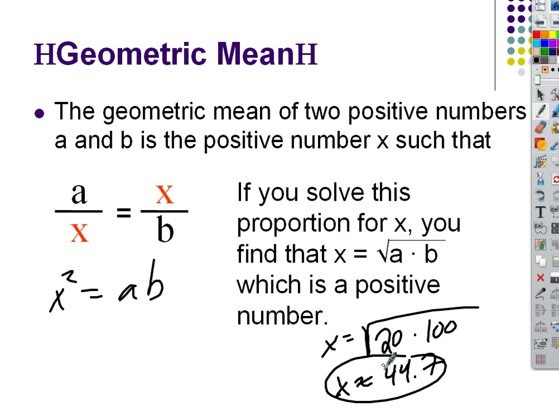So assuming that we're measuring time, this is how far we'd want to move along from 20 to 100 before half the time would have elapsed. That's a geometric mean, okay? We'll see some applications of that soon, but it's easy to calculate.